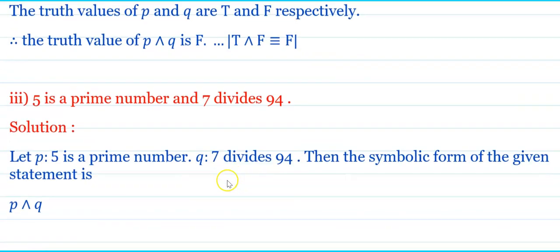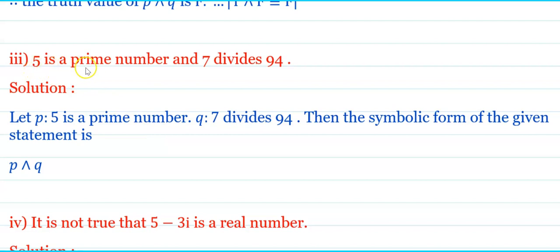Now, next is 5 is a prime number and 7 divides 94. Okay. 5 is a prime number. Okay, it's a correct one. 7 divides 94. Then the symbolic form, 5 is a prime number. Yes, its truth value is correct. म्हणजे आपल्याला इथे लिहिता येईल P and Q. Okay.